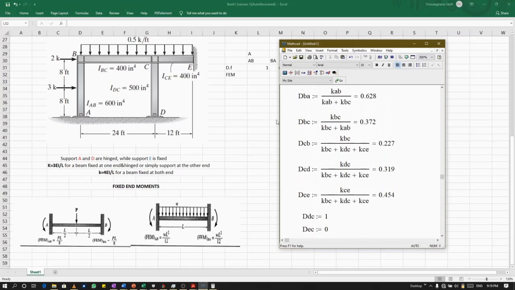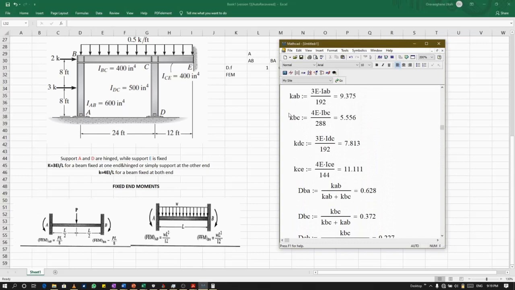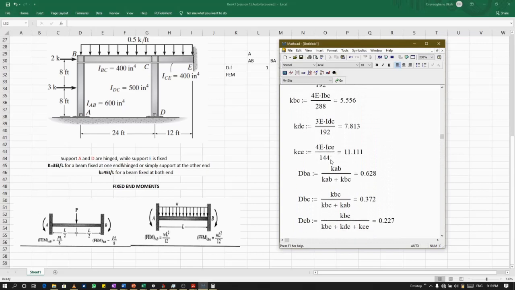Our distribution factor is a ratio, so converting our I, the second moment of inertia, or our feet to inches while getting our stiffness factor will not affect anything.